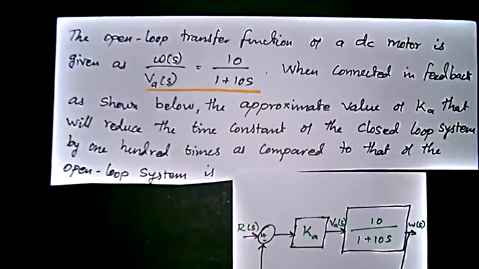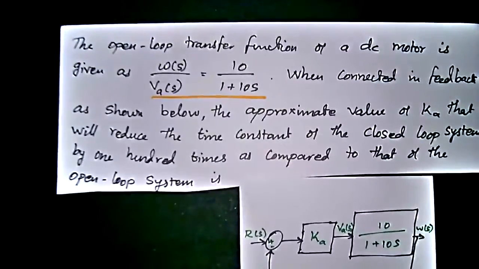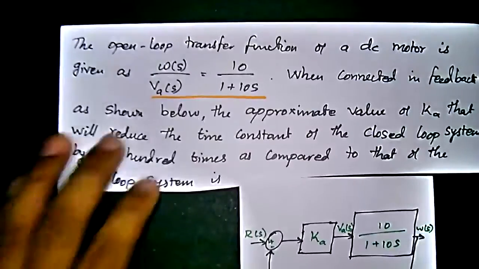What approximate value of Ka will reduce the time constant of the closed loop function by 100 times compared to the open loop function? So we have the terminology like this.